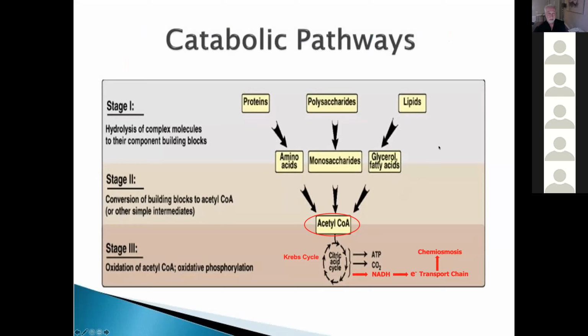This shows the same thing slightly differently. The major foods that we eat: proteins, polysaccharides, and lipids. Nucleic acids aren't really an energy source for us. So these all end up going to acetyl-CoA, which is the first step in the Krebs cycle.